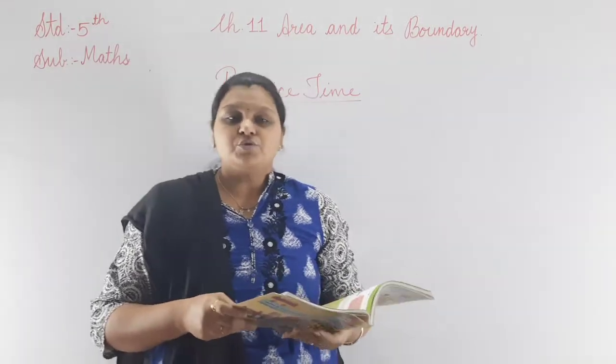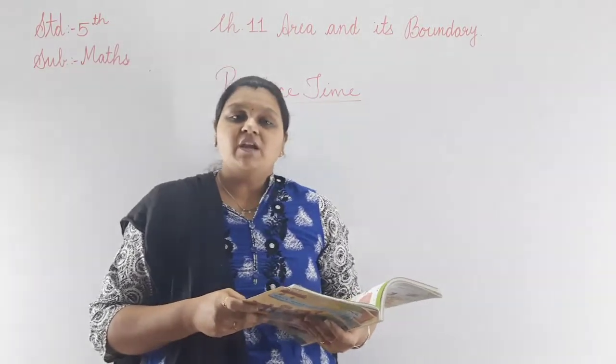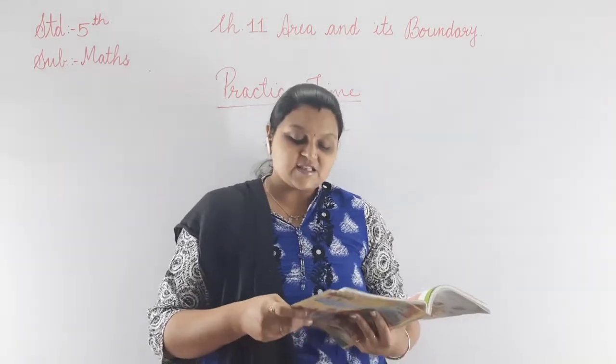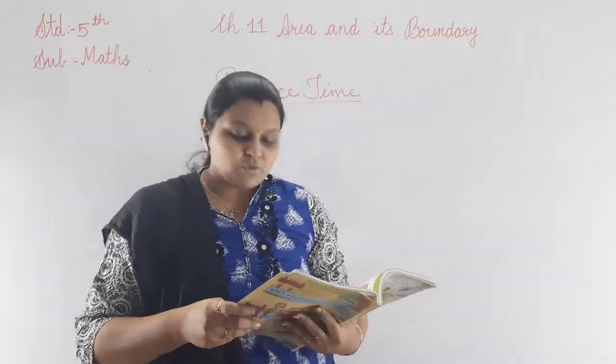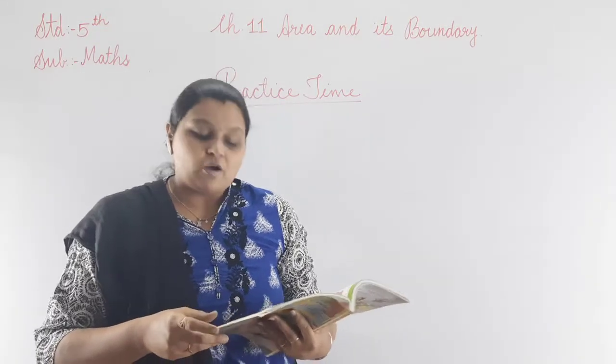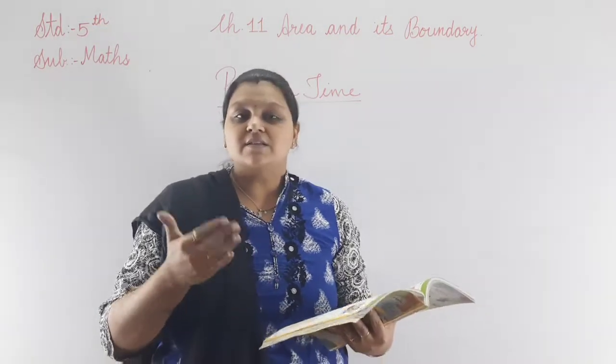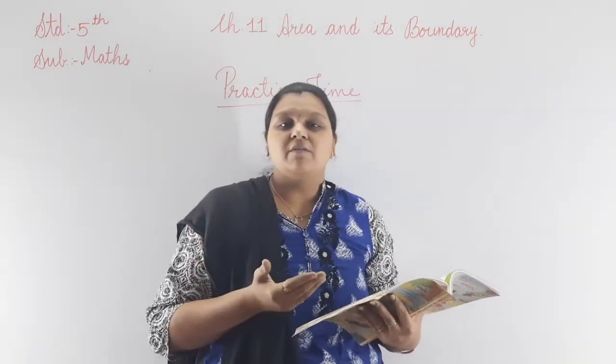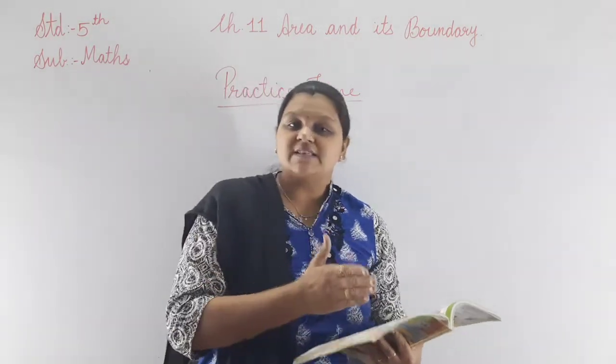For that we should know that when we are using square centimeter, the object is small. When the object is bigger than small, means what? Suppose for example you are given a handkerchief and you are given a sari.